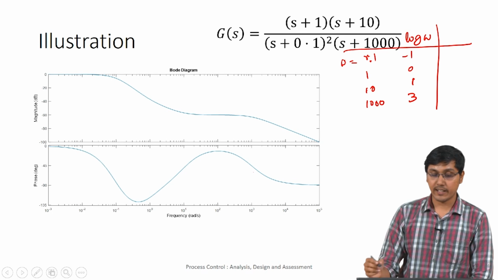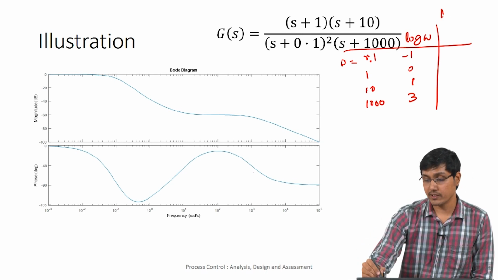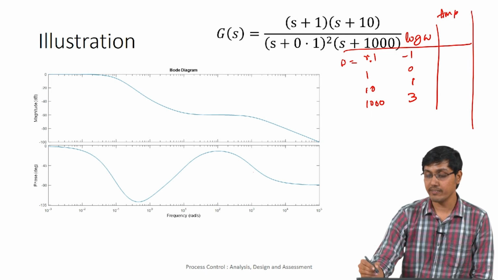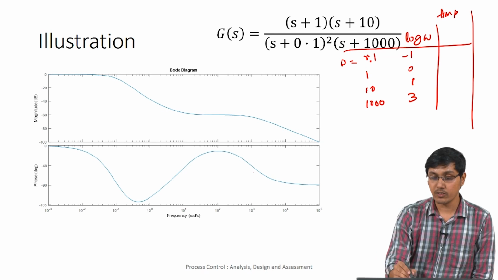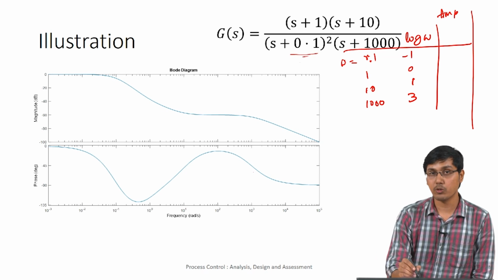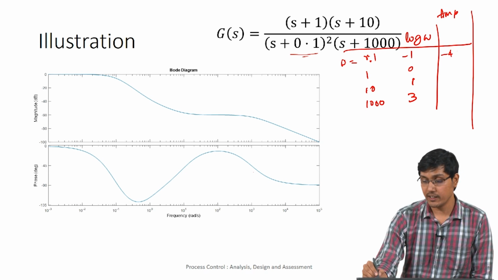Now if we take the magnitude plot, we know that every pole falls at minus 20 dB per decade. So 0.1 is a double pole. For a single pole it is minus 20, for a double pole it will be minus 40, so minus 40 dB per decade.